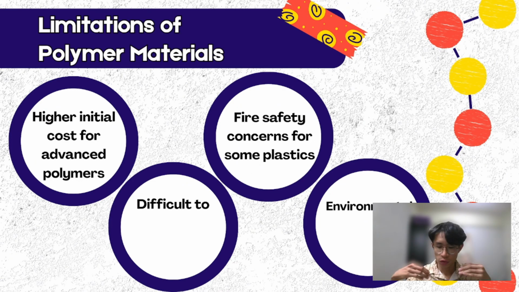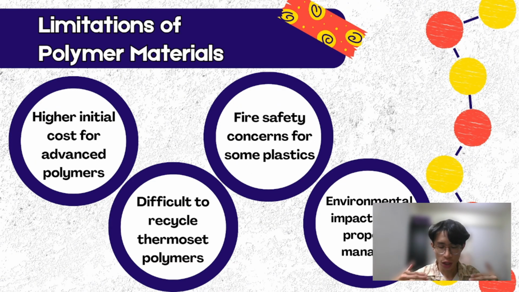Although we talked so much about the advantages of polymer-based materials, it doesn't mean that they don't come with limitations. The limitations are higher initial cost for advanced polymers, difficulty recycling thermoset polymers, and fire safety concerns for some plastics.